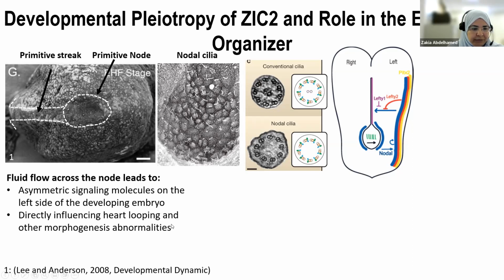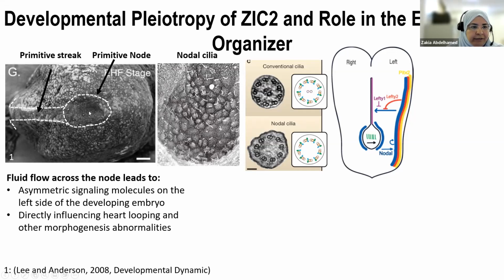They found that with heterotaxy, we have congenital heart malformation. With situs inversus totalis, we don't have any heart malformation, but this is beyond the scope, so I cannot go through all of this.